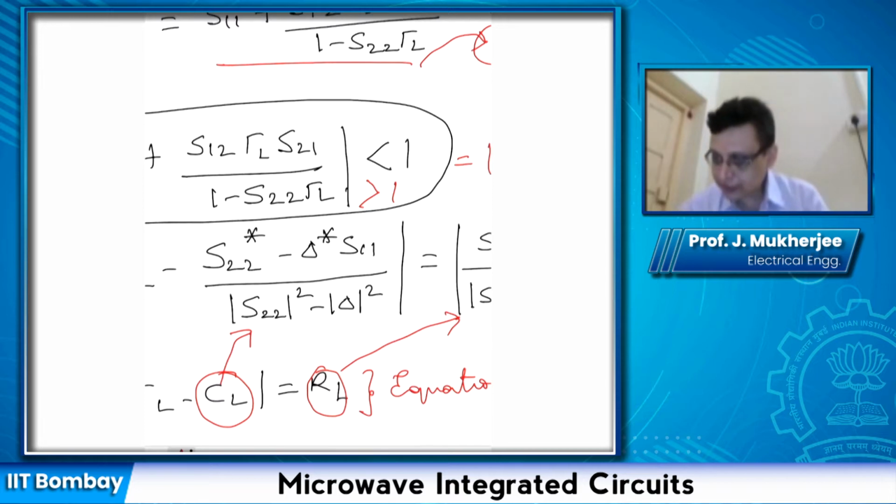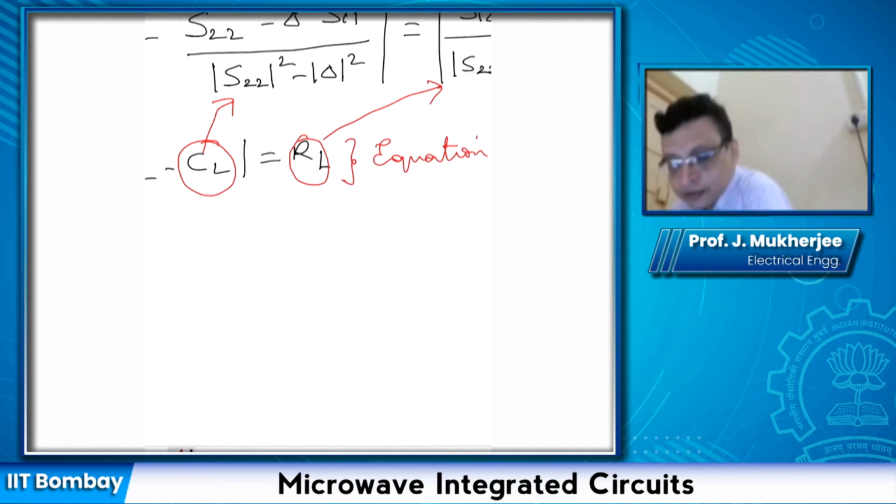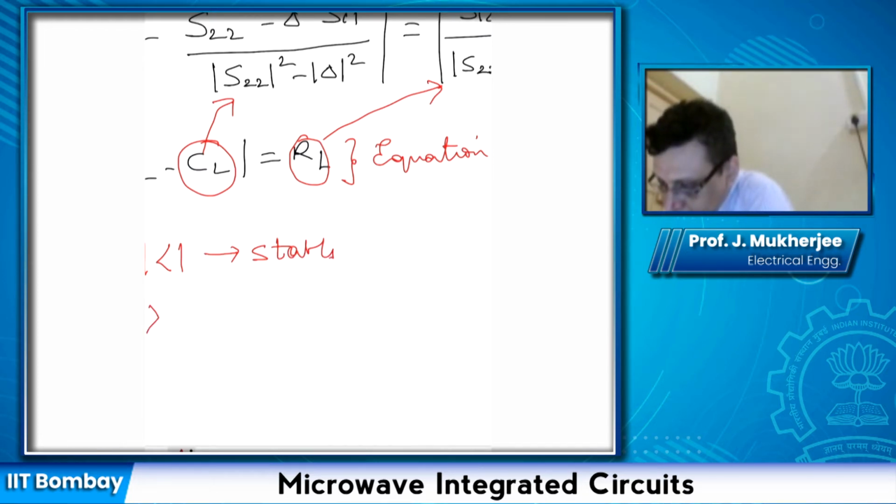So once again, let me make it clear. So gamma in lesser than 1, stable; gamma in greater than 1, unstable.